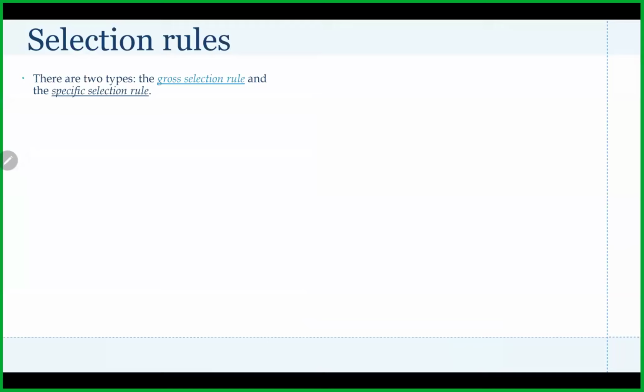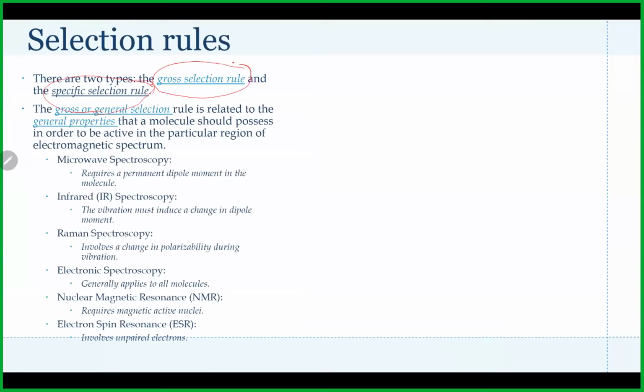So this is the last slide for today. This is the one that I want to talk about. There are 2 types of selection rule that you can talk about: the gross selection rule and the specific selection rule. The gross selection rule talks about the general properties that the molecule should possess.